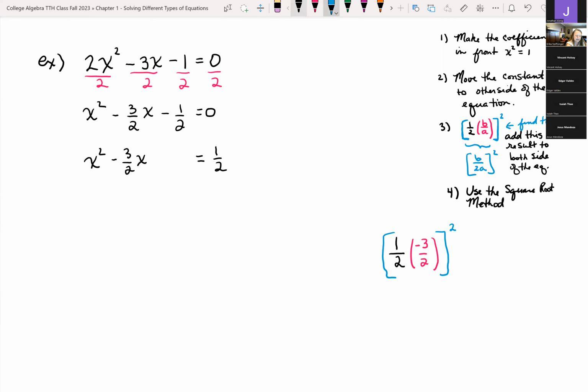So if I simplify this before I square it, I would have negative 3 all over 2 times 2, which is 4. So negative 3/4 squared. Negative 3 times negative 3 is 9, and 4 times 4 is 16. So the number that I want to add on both sides of the equation is this 9/16, plus 9/16.